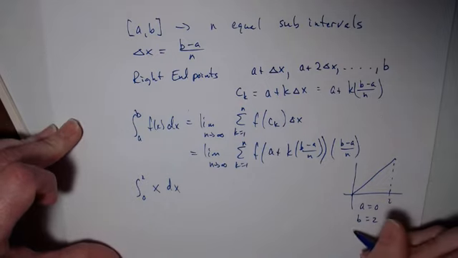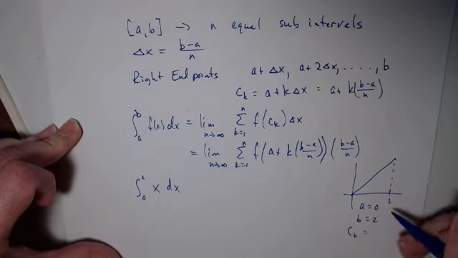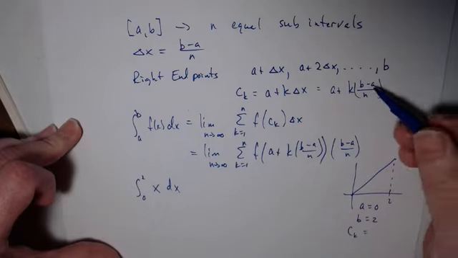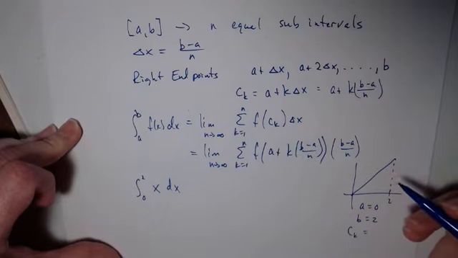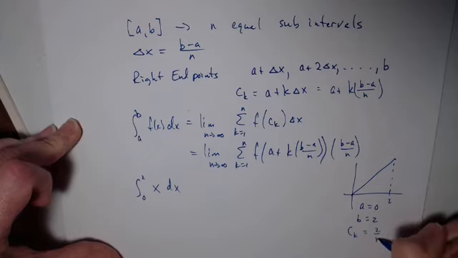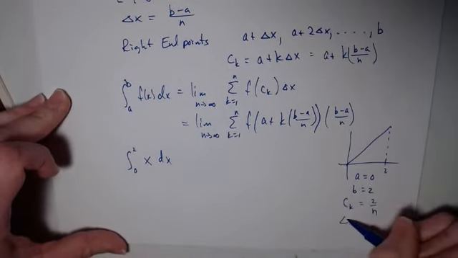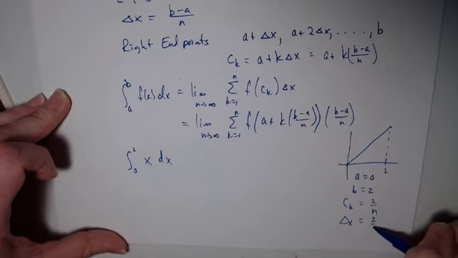But ck then is going to be equal to, 2 minus 0 over n is my delta x. But a is 0, so that's just 2 over n. And my delta x is also 2 over n.